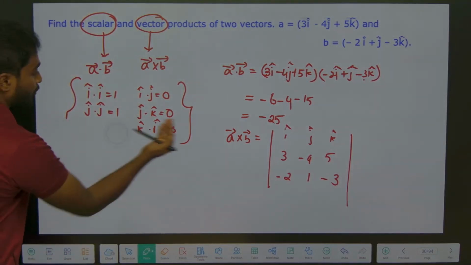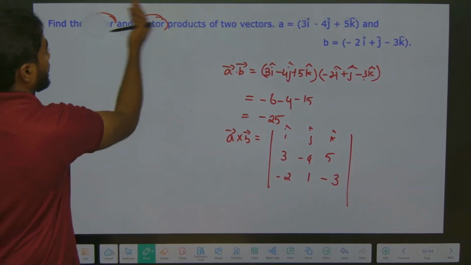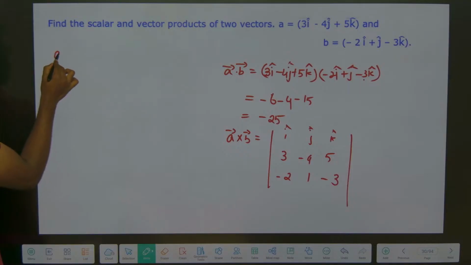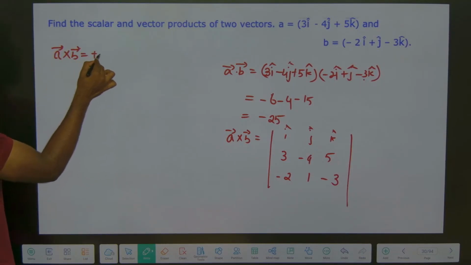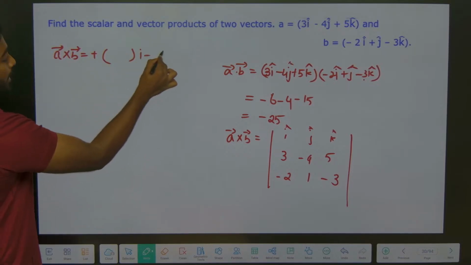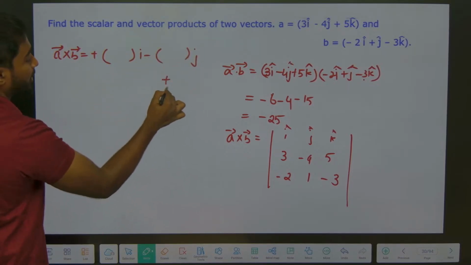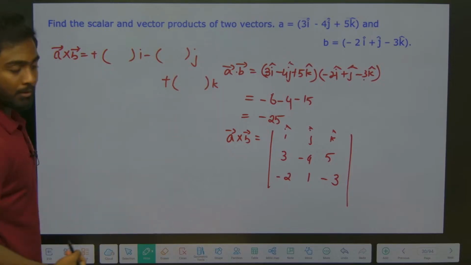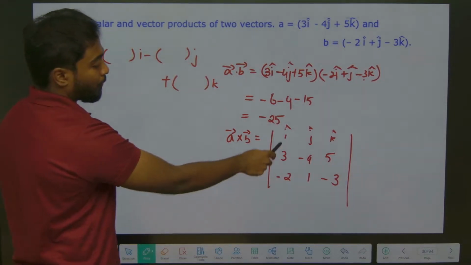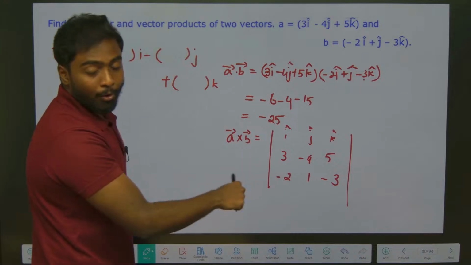Now, can I erase this one? So now A cross B will be equal to first plus i, minus j, plus k. When I want to find i, close the i row and i column.